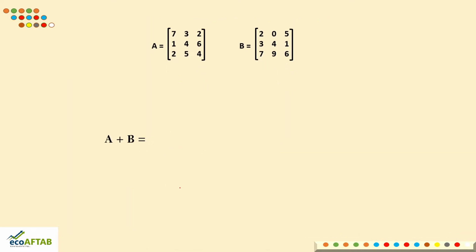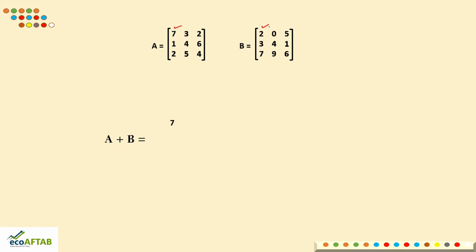So here, friends, as we have seen in our previous session on how to add and multiply matrices, let us start with the addition. A plus B: the element 7 from the A matrix will be added with the element 2 from the B matrix.